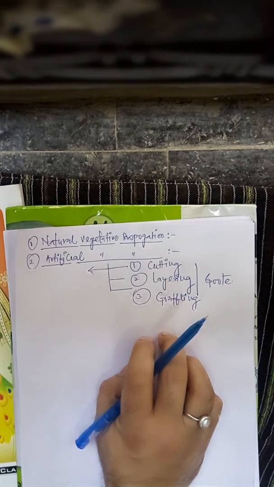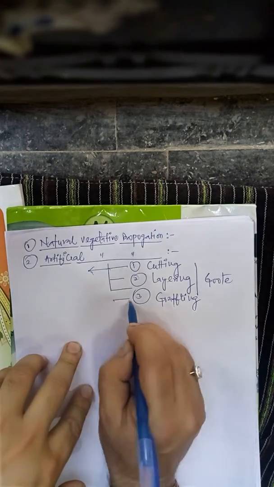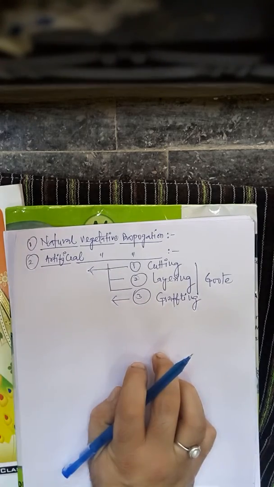This is called layering. In air layering, we do the same thing in the aerial part. In the grafting method, we take two plants and we give a cut. We take two twigs from two different plants, and the plants can be the same also.